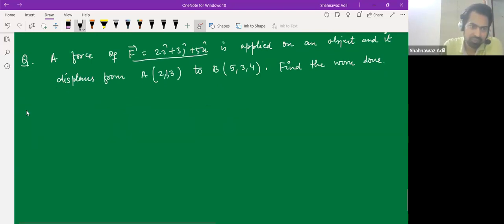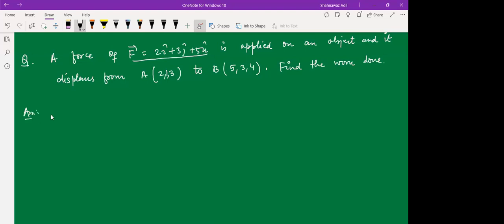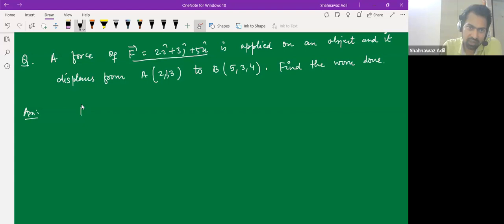So A vector is like 2i plus j plus 3k. Absolutely right. Good. So F is this, and we have to find the displacement. Displacement is what? AB vector. So as Rishita is saying, A vector we can write as 2i plus j plus 3k.